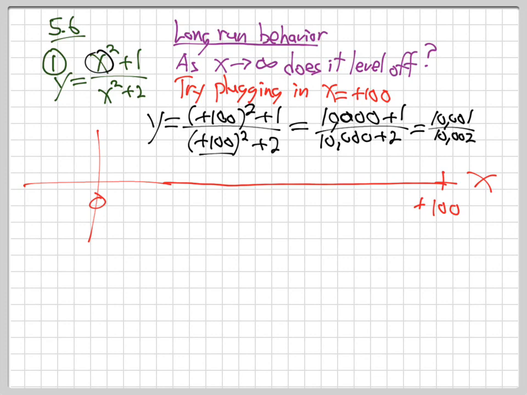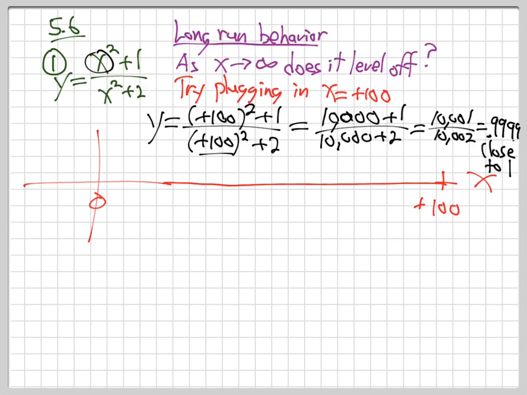If you divide that on your calculator, what do you get? You get 0.9999 and then 0002. It's super close to what?